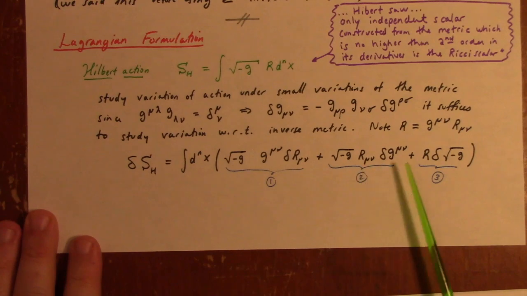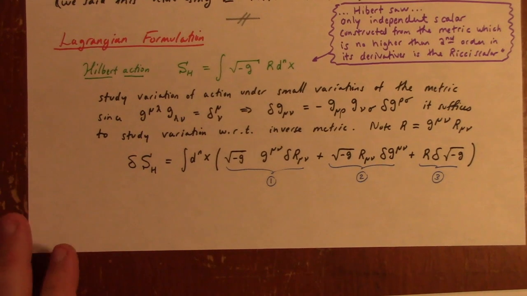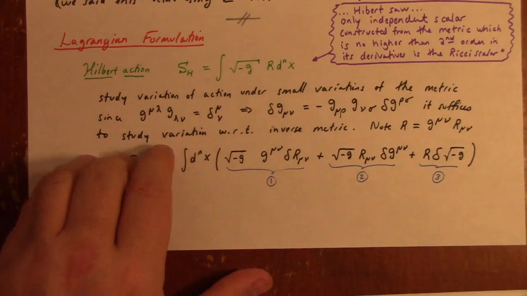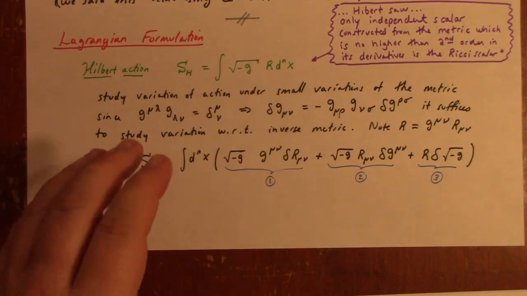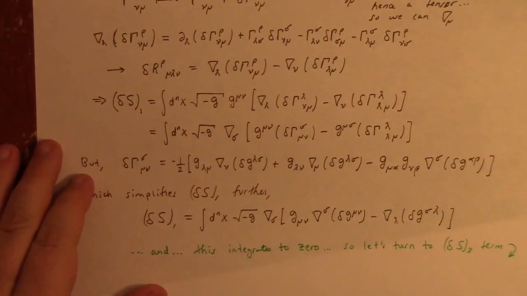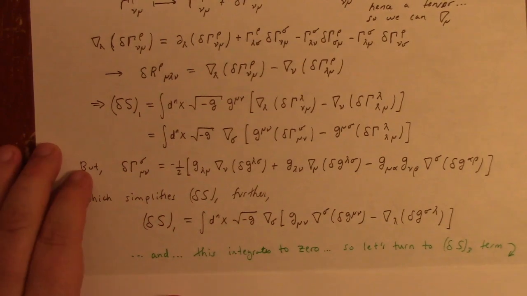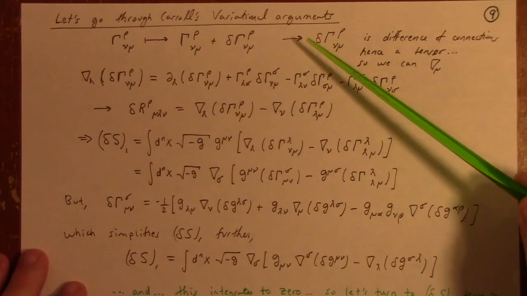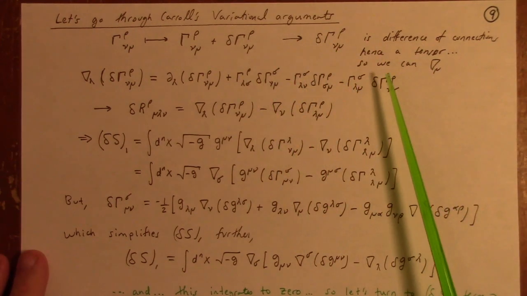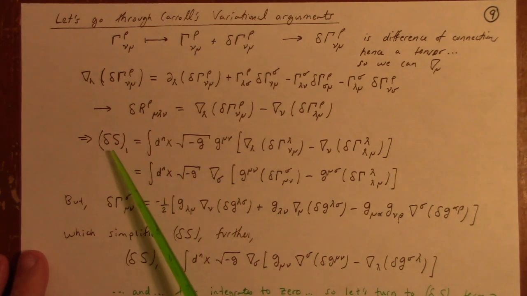All right, so each one of these requires a different sort of tack. Let's go through it. Now, he actually has separated these into separate integrals, and that's probably better, but you'll forgive me for being a little bit sloppy here. I'm going to try to be brief, because the point of this page is that when you study the variation of the first piece, after everything settles, you end up with a term which integrates to zero.